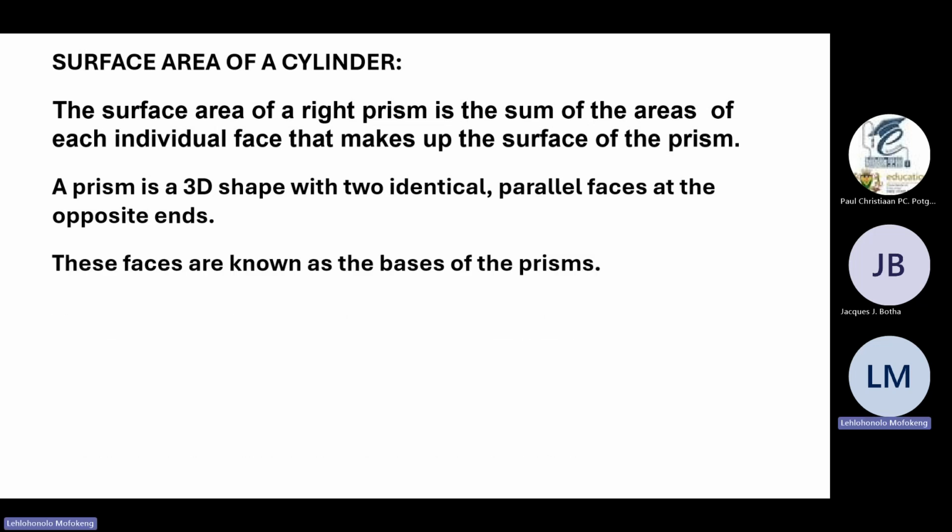These faces are known as the bases of the prisms. When you cross-section that particular prism, you will get the same shape. It will not change the shape.